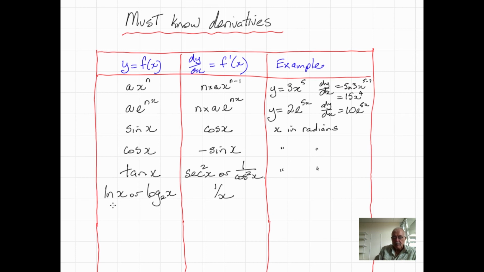This is a bit different: the natural log, or log to base e, the derivative of that is 1 on x. So if y equals ln x, then dy/dx equals 1 on x. Okay.